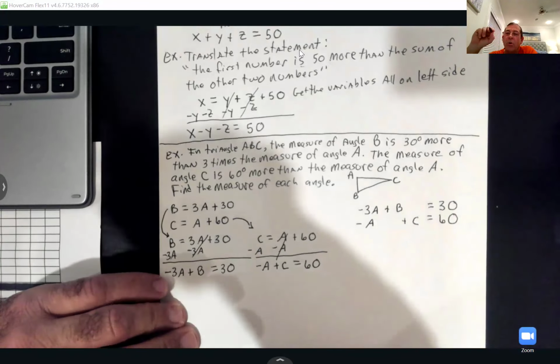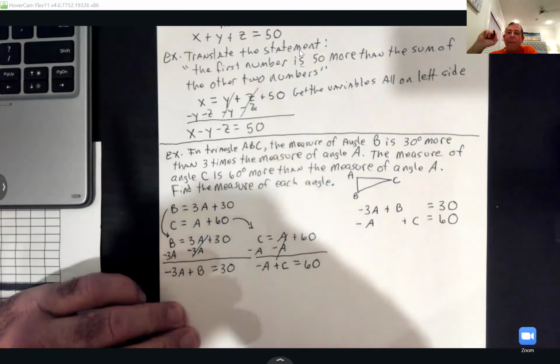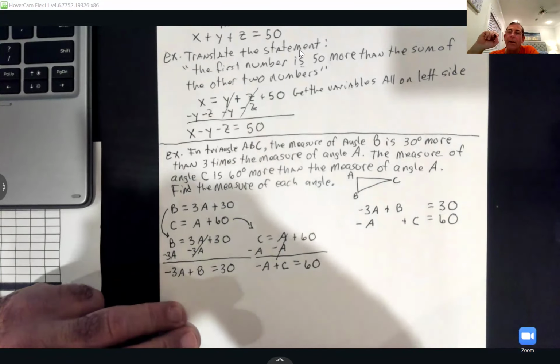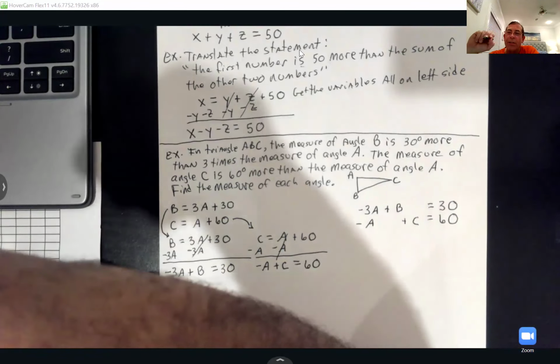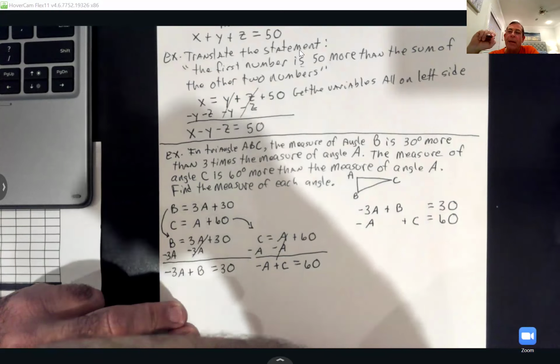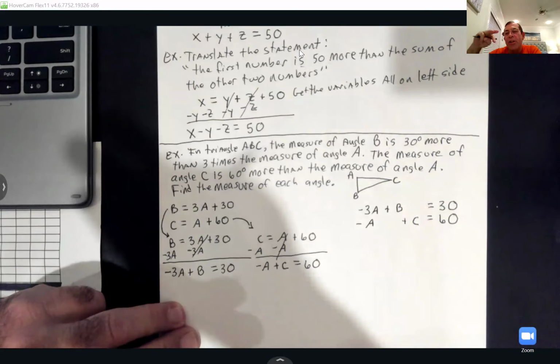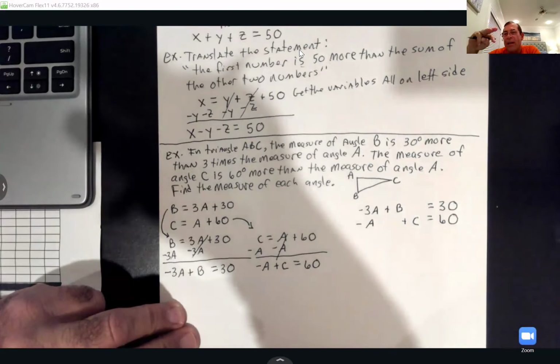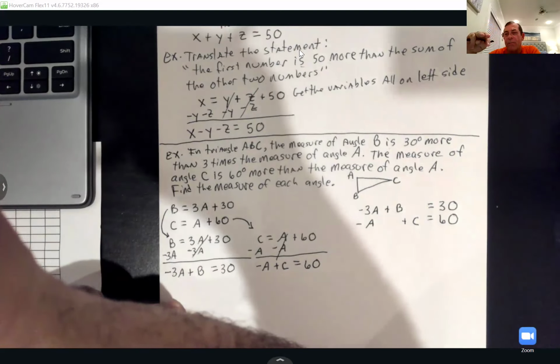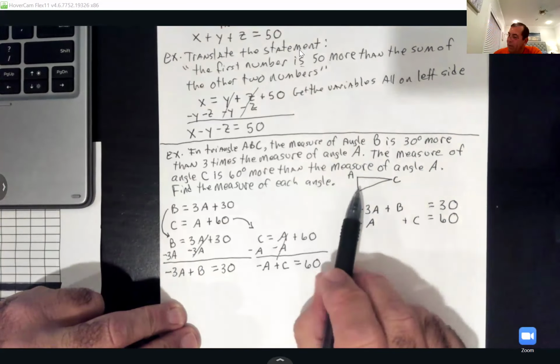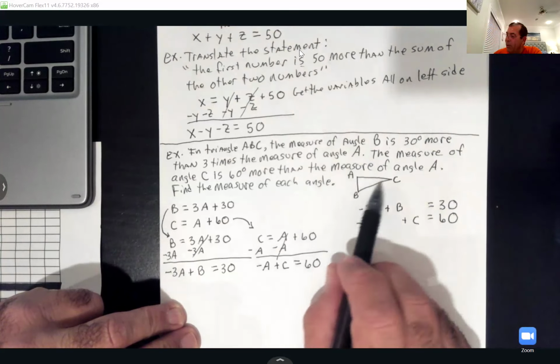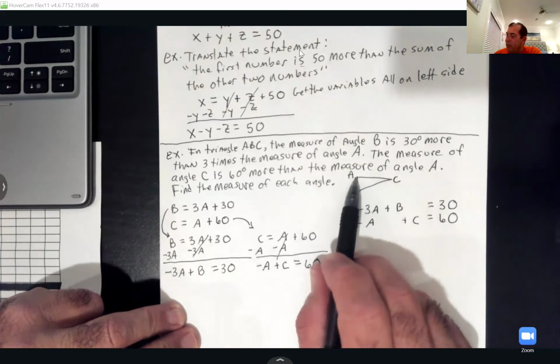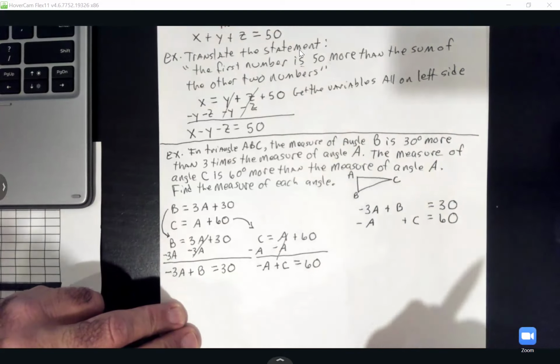So y'all, here's the question of the day. What could be my third equation? So let me ask you this. What do y'all know about the three angles of a triangle? What do we know about these three angles? They're equal to 180 degrees.